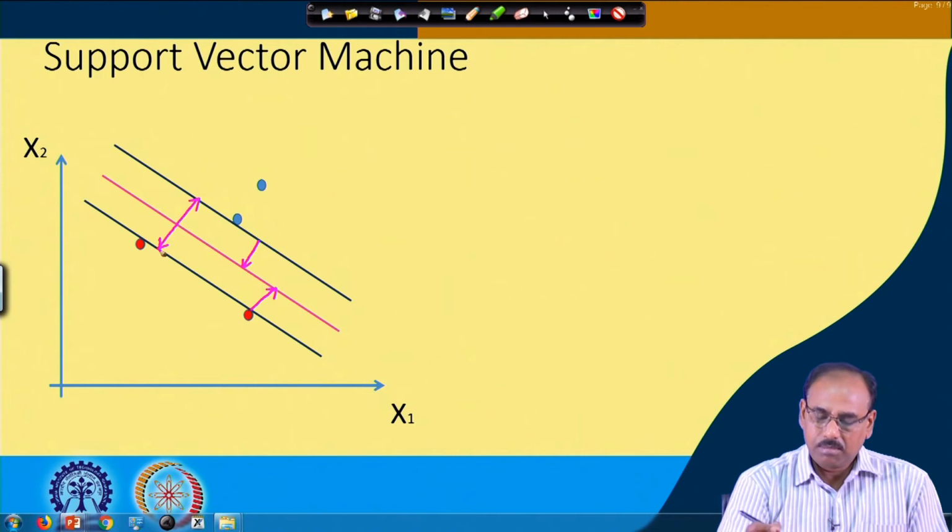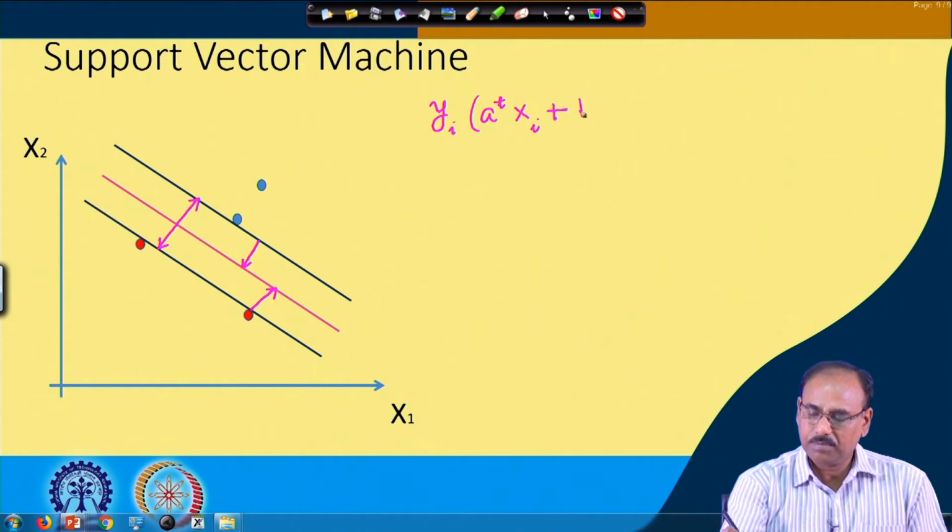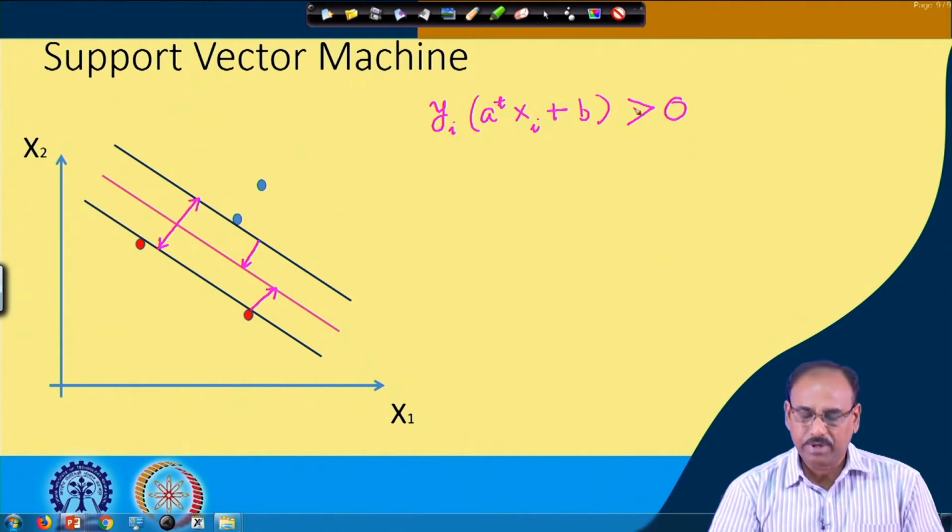And for classification, my rule is that I must have y i times A transpose x i plus b greater than 0. This is for the classification.